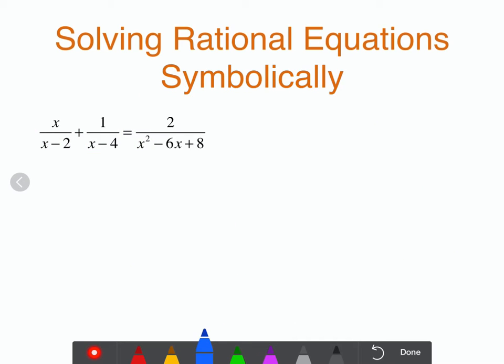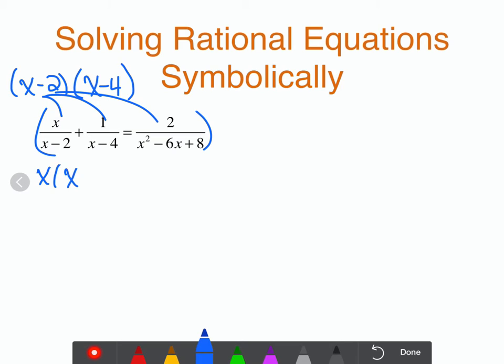Okay, so in this last example, we're going to multiply our LCD, which is x minus 2 times x minus 4, to every term in this equation. We're left with x times x minus 4 plus 1 times x minus 2 is equal to 2.